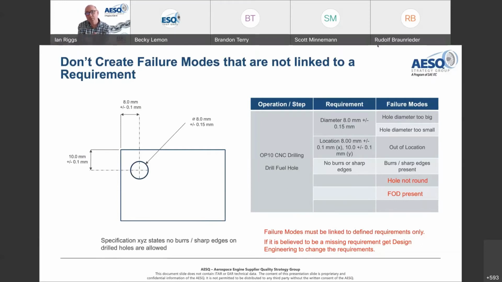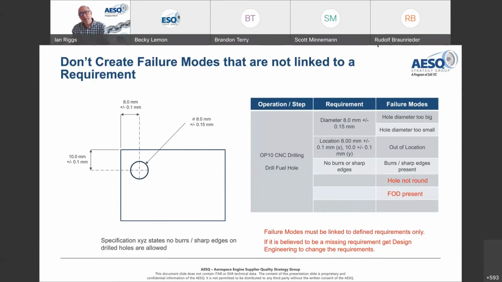So it's really important we only link failure modes to a requirement. And it's quite easy sometimes to fall into the trap of, I'm drilling a hole, how could this be wrong? I've got a specification that specifies the diameter and the position. But what if I put, hole not round, and what if there's FOD in there? So you're actually developing failure modes that aren't linked to the requirement.